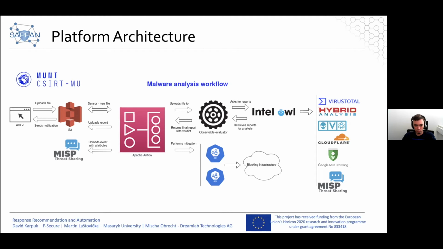Apache Airflow takes the analysis of the original suspicious file as well as all the observables and creates a PDF report for the analysts and sends it to the S3 storage and back to the web UI for the analysts to look at. It also creates the same report in the form of a MISP object and sends it to the MISP sharing platform for other teams to use.